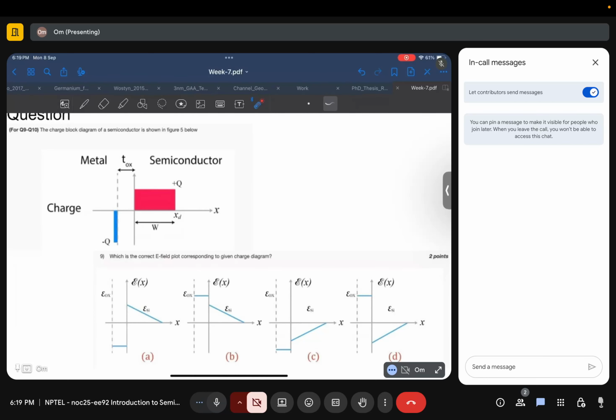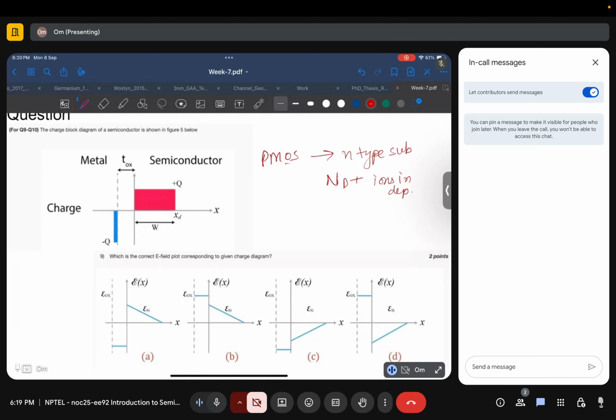Okay, so in this question you have a negative charge at the gate and a positive depletion charge in the semiconductor. That means it must be a PMOS, right? In PMOS only you will have an N-type substrate, and N-type substrate will have Nd plus ions in depletion, donor ions in depletion.